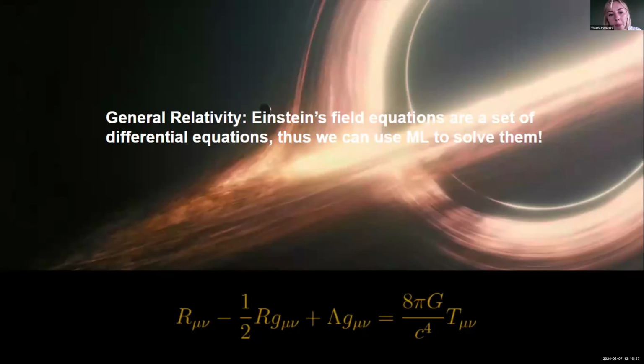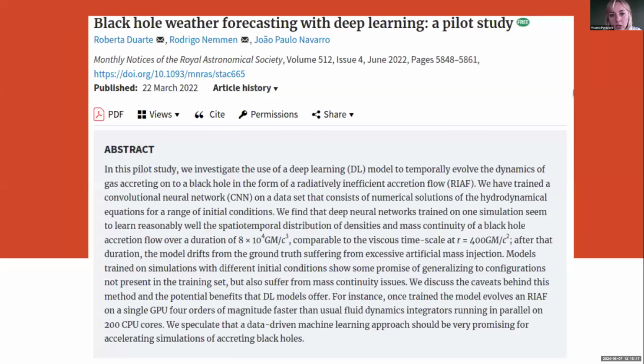And now in general relativity, when you have these familiar nonlinear differential equations, what could potentially be done? There is a famous paper, and Lucas actually shared it with me, and the authors are Brazilian.